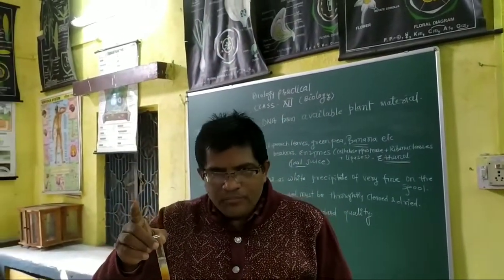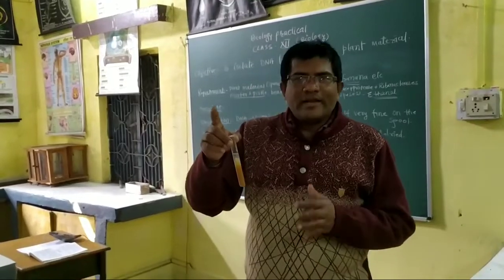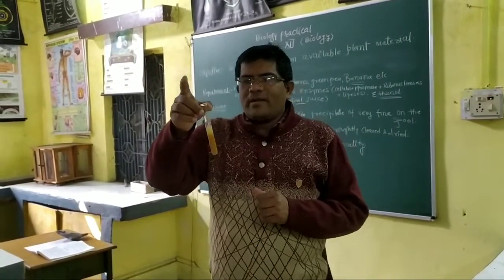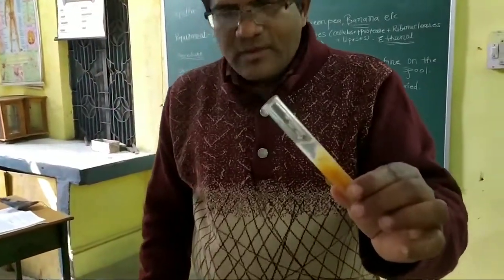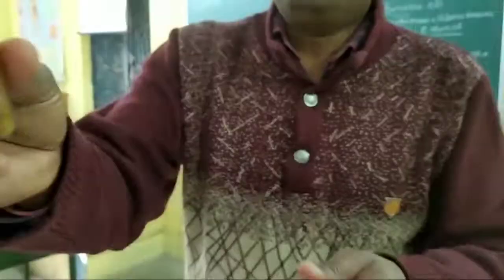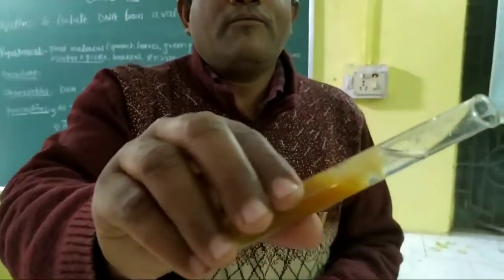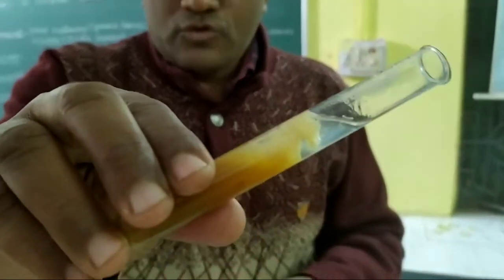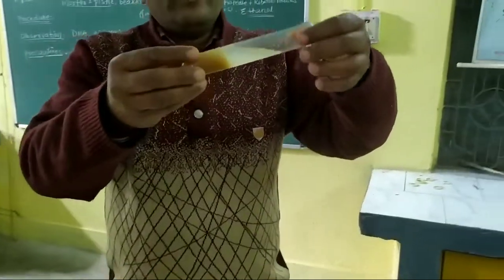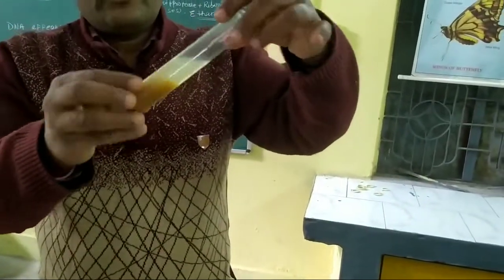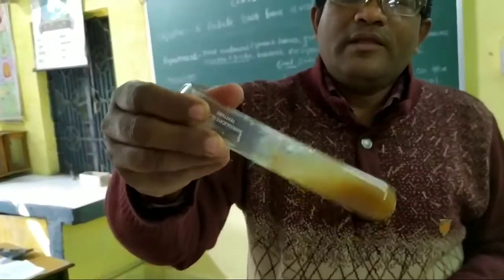So RNA, protein, lipids, carbohydrates all get digested, and a white color of precipitation is now in the test tube, which you can see on the upper surface of the test tube. This white color of precipitation is of the DNA.